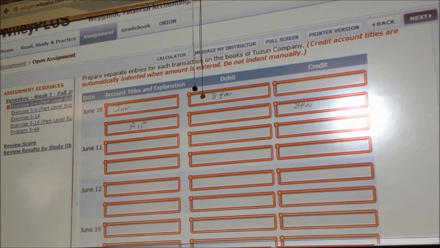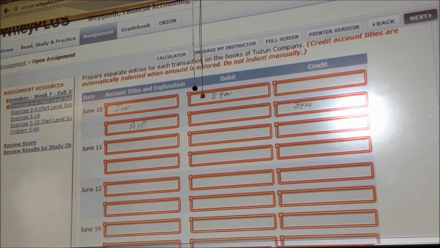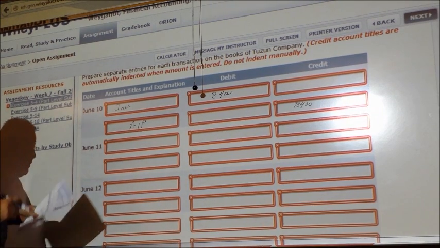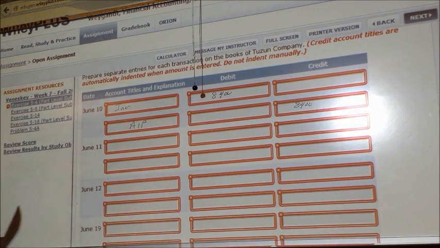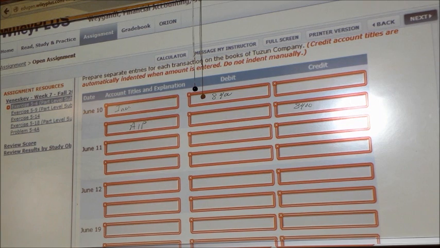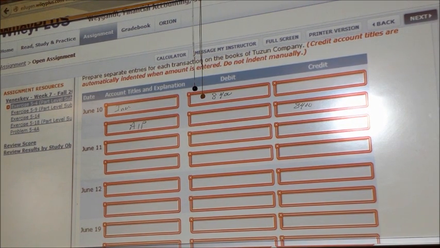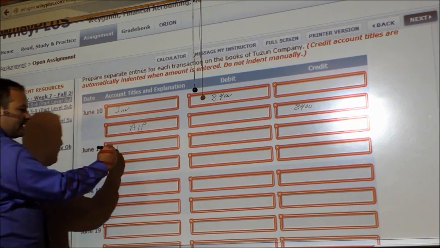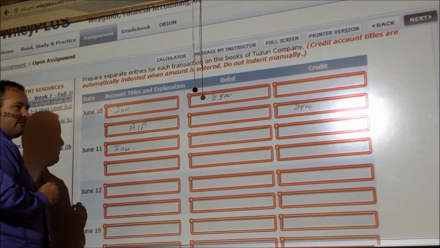On the 11th is where the freight costs come in, and I need to determine, am I going to add that freight cost, or is that the seller's responsibility? Well, since it says FOB shipping point, and if I look back to the notes that I had, FOB shipping point says it's the buyer's responsibility, and I need to add it to the cost of my asset.